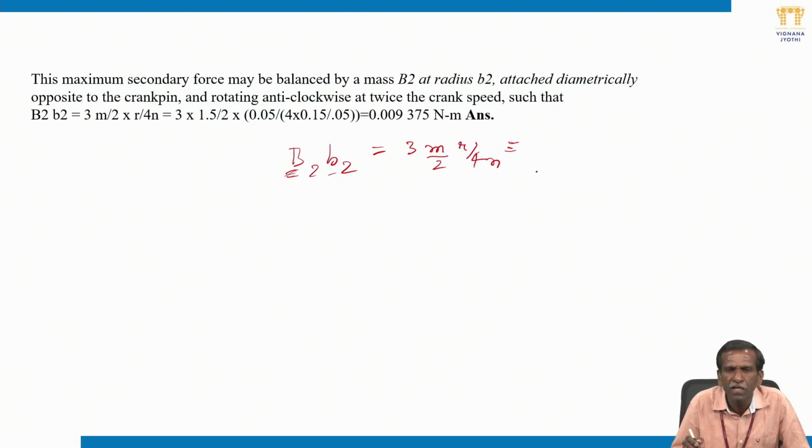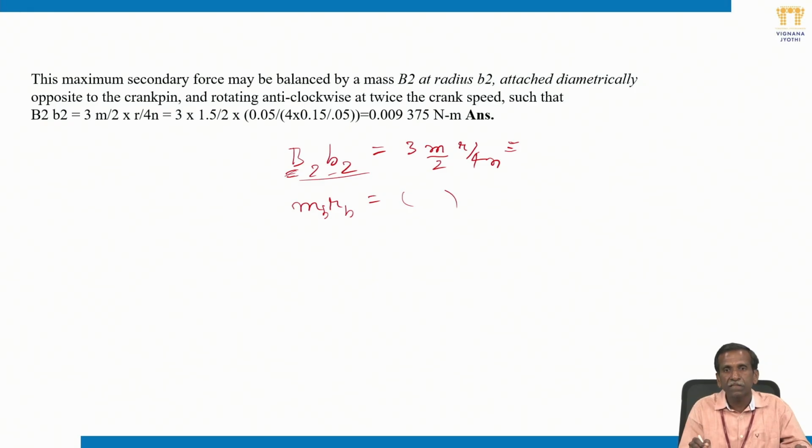Here its value is 0.009375 newton meter, because it is the m r value. You can write m_B, r_B instead if you have any confusion. This is the balance mass at the balance radius r_B you can attach, that is equal to this. The right side quantity should be satisfied, for all these masses together, m_B. Understand or not? So if you vary the crank radius, this mass is also going to be varied.